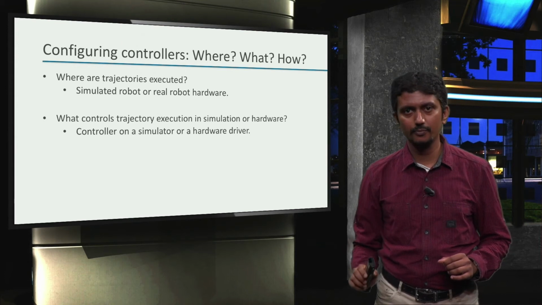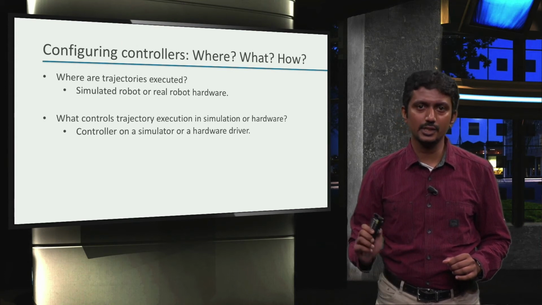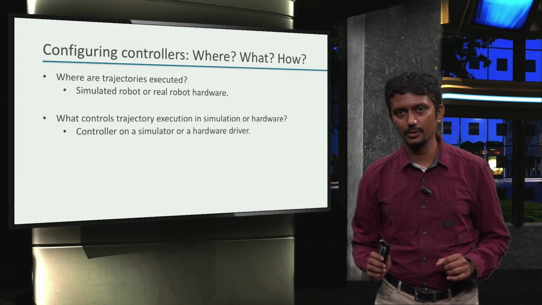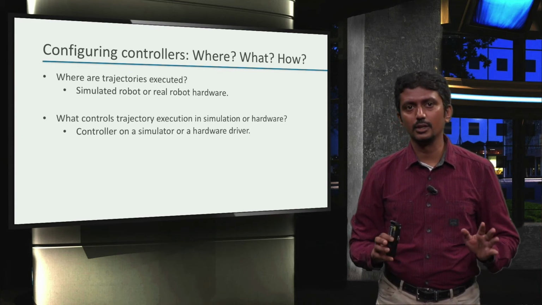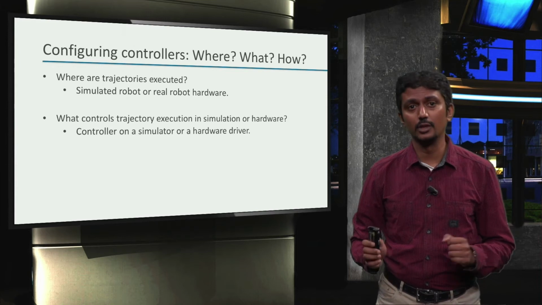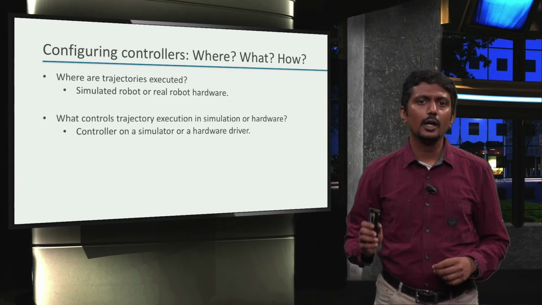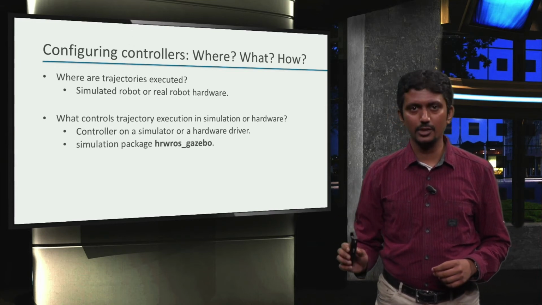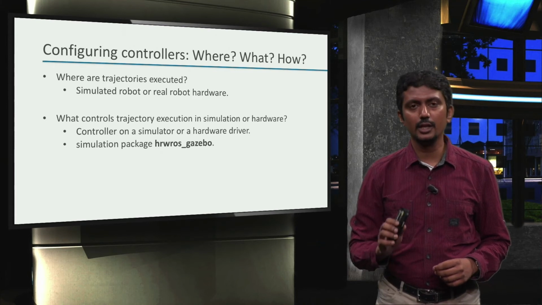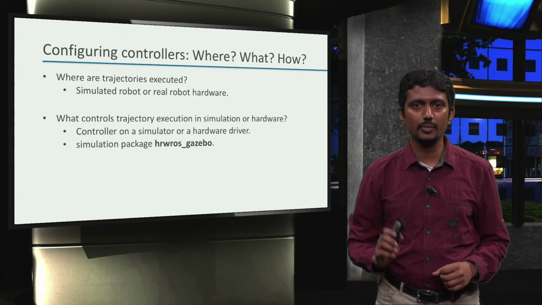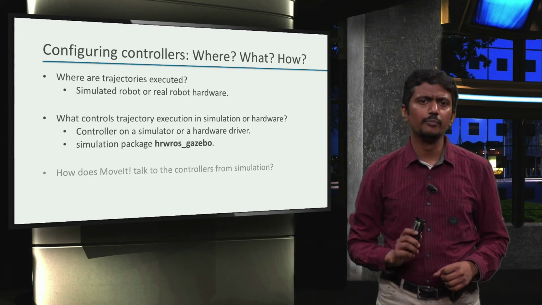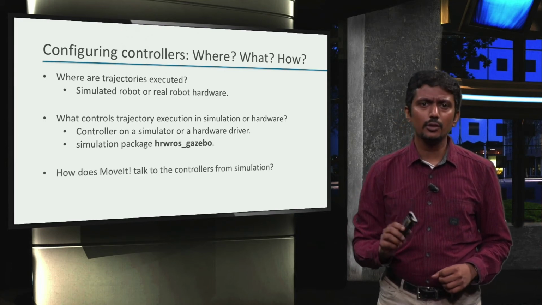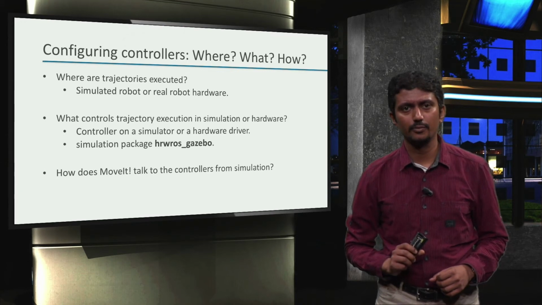In this course, we are using the Gazebo physics engine as a simulator for our robots, and in many ways, we can consider Gazebo to be a replacement for real-world hardware. Everything related to simulating our robots in this course is provided in the hrwros_gazebo package that comes with your installation. Good. Then, how does MoveIt talk to these Gazebo controllers?